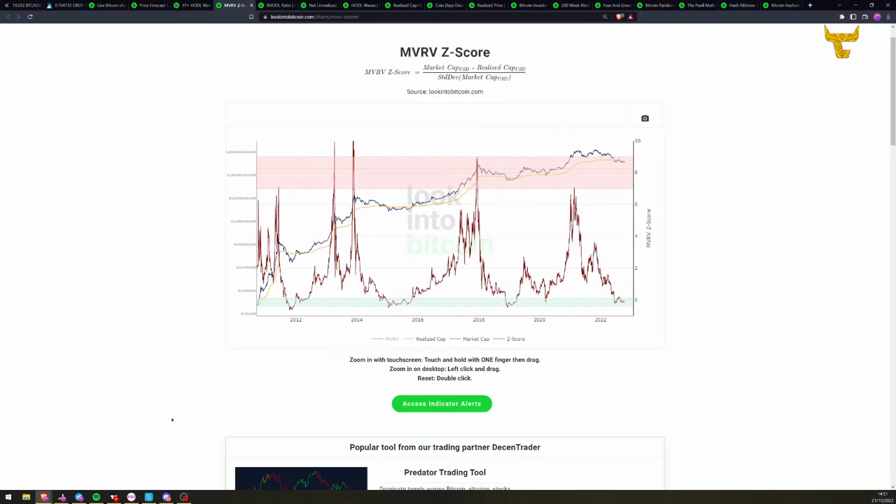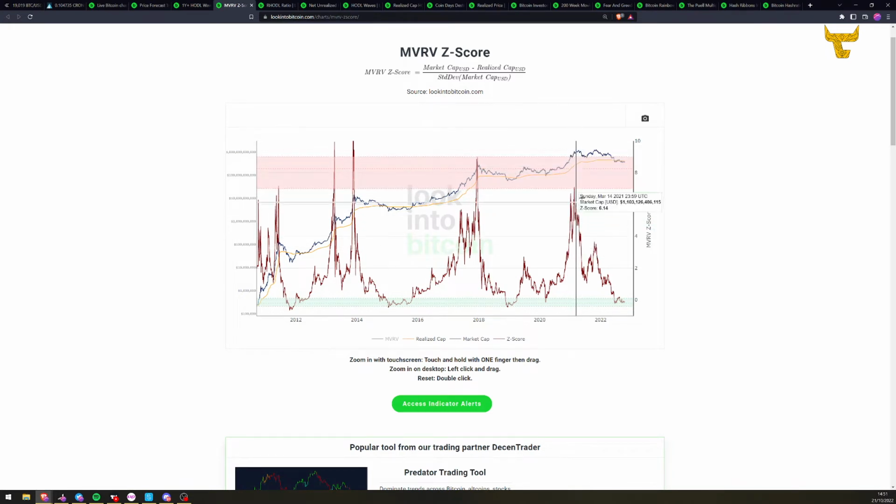And on this indicator again, you can see we have spikes at the tops here. There was a mid bear market here as well, like an 80% drop at that time as well, 2013. And it's been pretty nice at marking tops and bottoms.